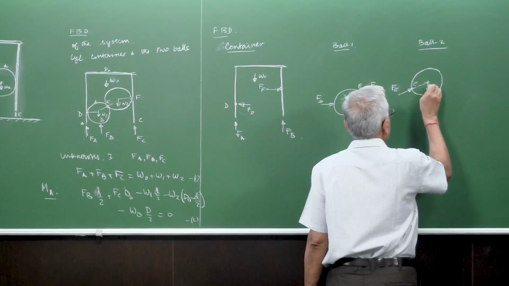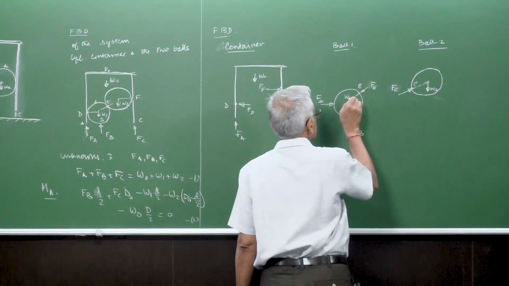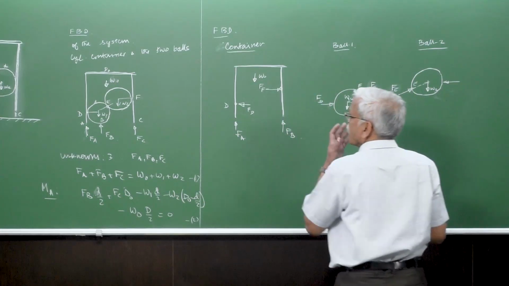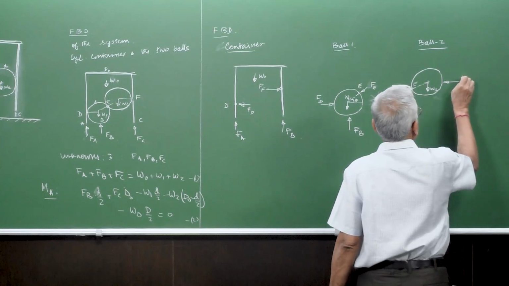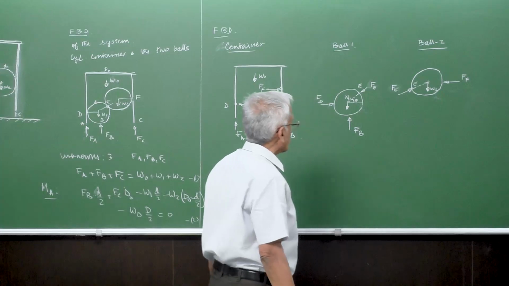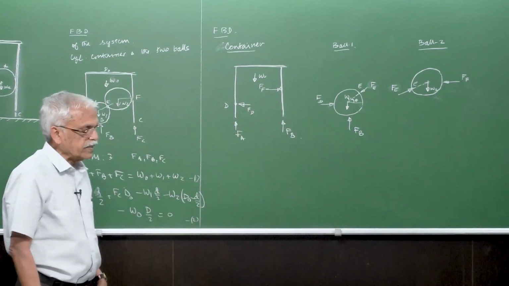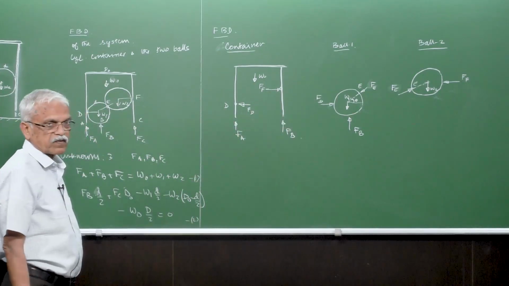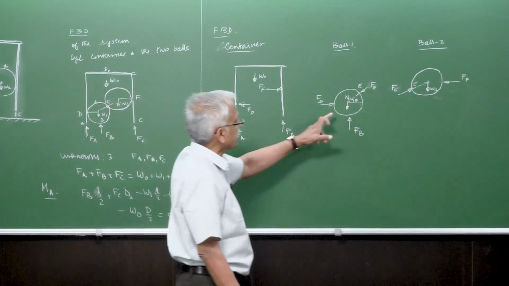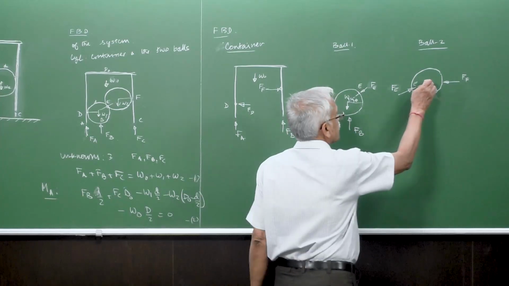And then you have W2, and this is W1. Okay, so there are so many free body diagrams we have drawn. This is for the whole system. This is for the container. This is ball 1 and ball 2.